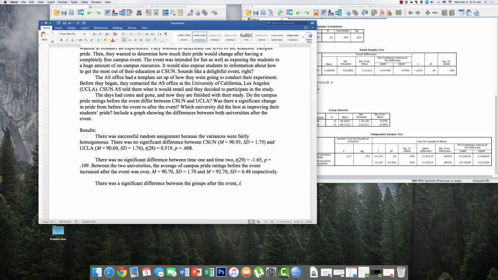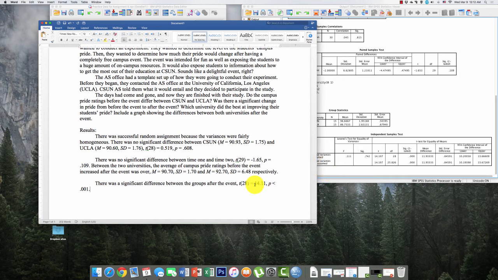T, then put the 28, equals 14.11, P less than 0.001, period.